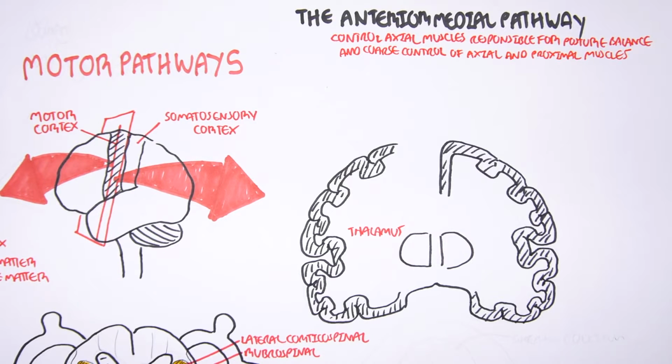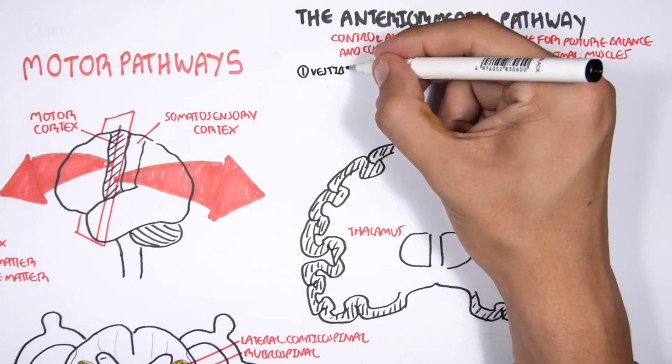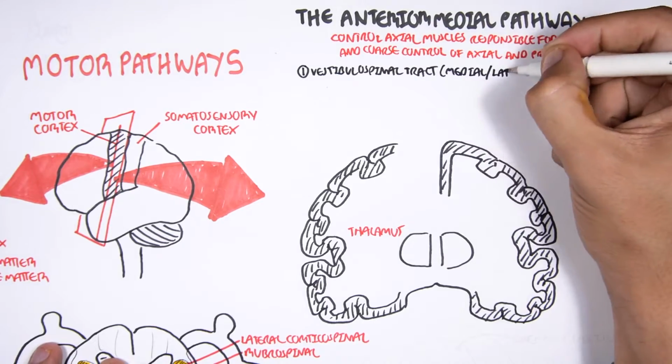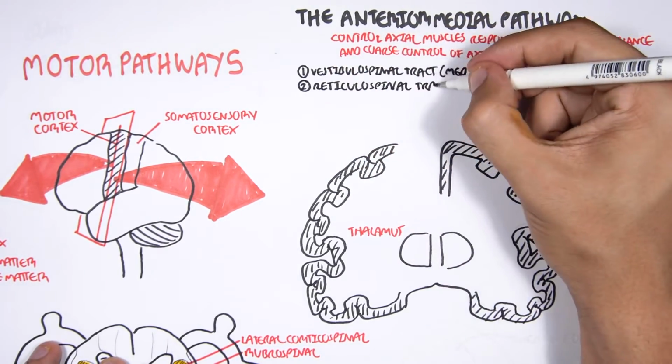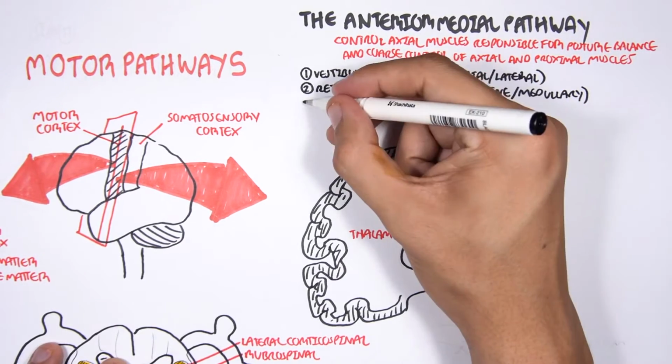Note the proximal muscles. So the anterior medial pathway includes the vestibulospinal tract, which also includes the medial and lateral vestibulospinal tracts. There are also the reticulospinal tracts, which include the pontine and medullary tracts. And there's also the tectospinal tract.